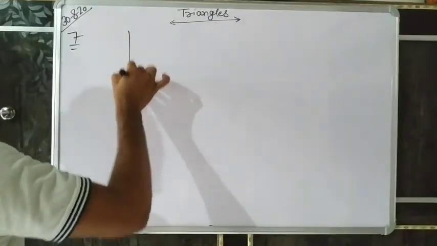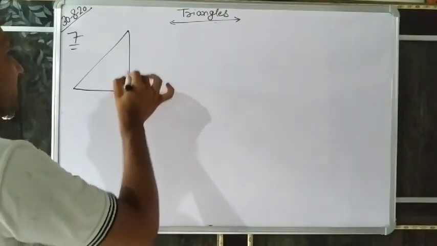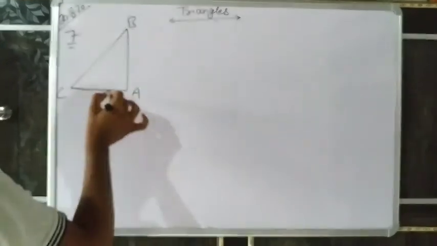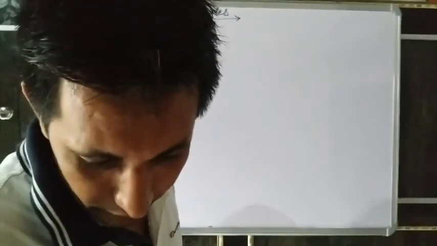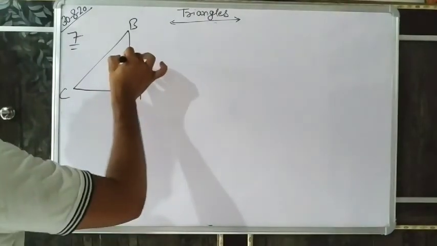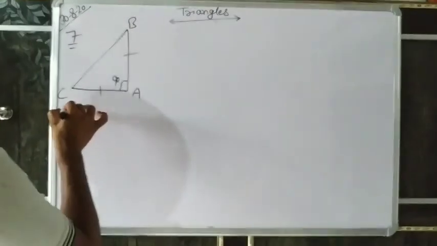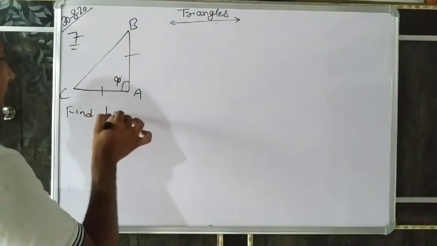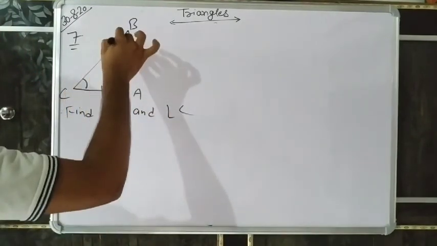ABC is a right angle triangle with 90 degrees at A. 90 degrees is given, and in this right angle triangle AB equals AC is also given. Then we have to find angles B and C.